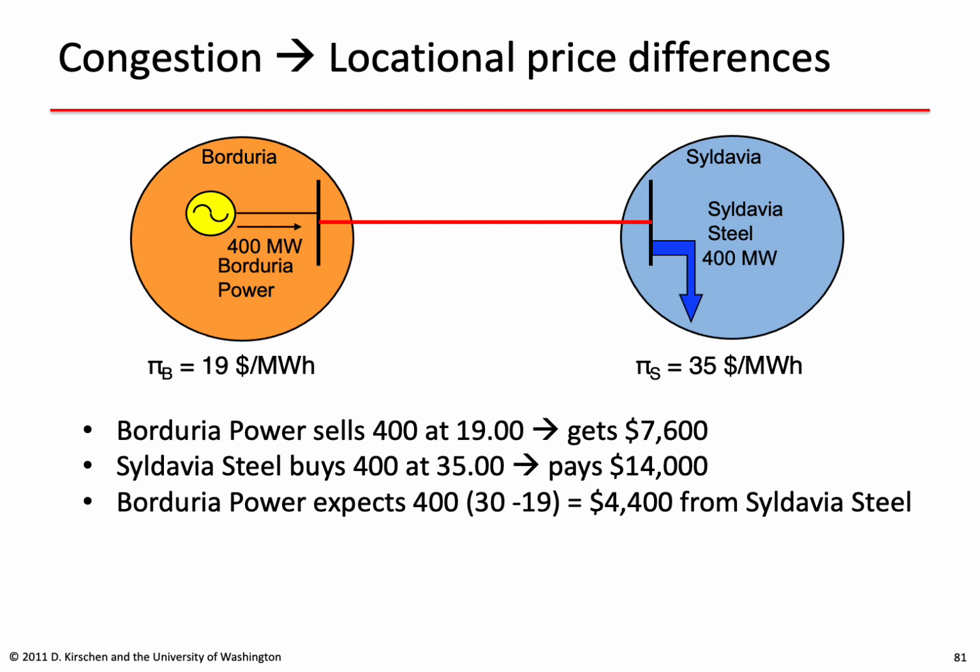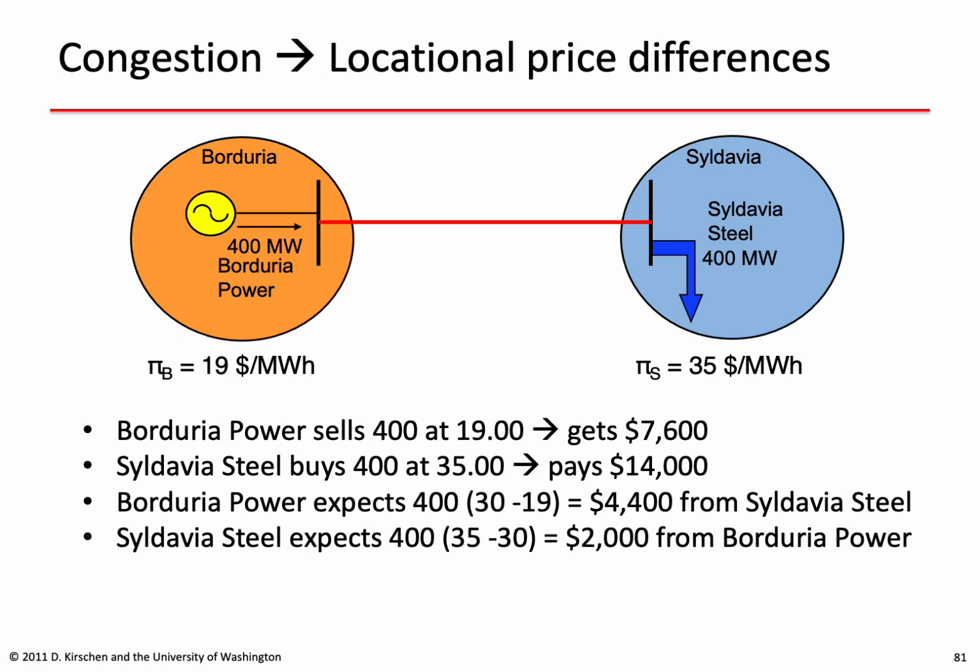And because it only got 19 in the centralized market, it expects to get 400 times 30 minus 19 from Syldavia Steel. Syldavia Steel also has a contract with Borduria Power with the same strike price, and therefore it expects to get 400 times 35 minus 30, because it paid 35 in its centralized market and the strike price of the contract for difference is 30. So it expects to get $2,000 from Borduria Power.